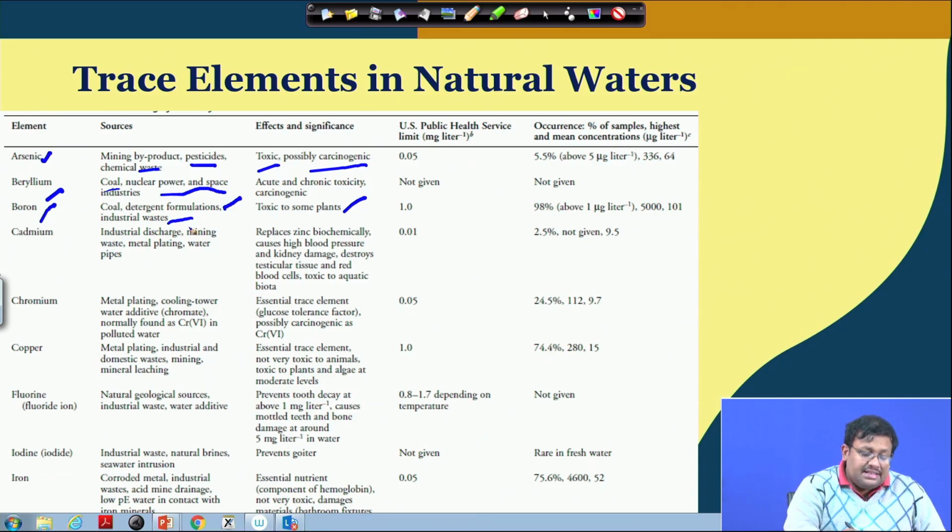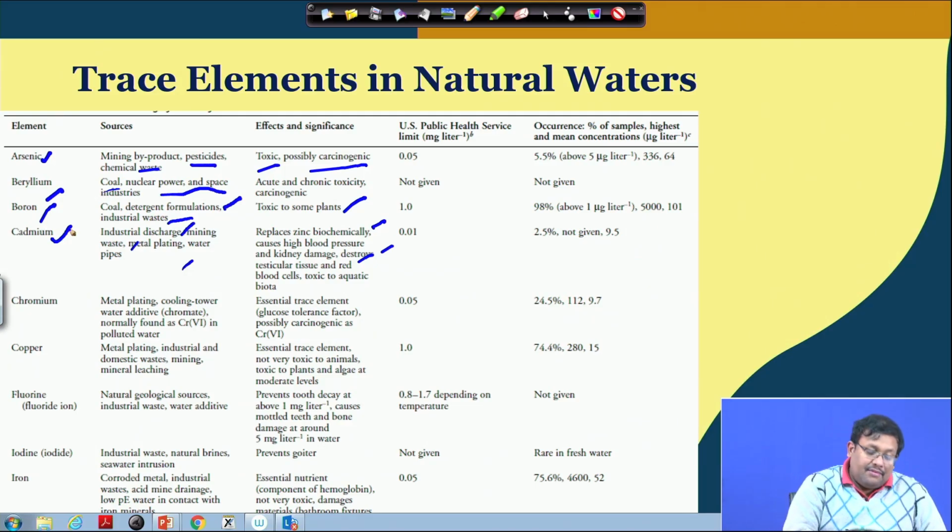Cadmium is mainly found in industrial discharge, mining waste, metal plating and water pipes, and it basically produces problems by replacing zinc biochemically, causing high blood pressure and kidney damage. It also destroys testicular tissue and red blood cells, and is toxic to aquatic biota. So, cadmium is another important trace element which creates different types of environmental hazards.